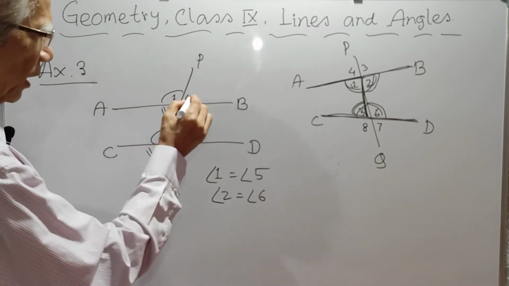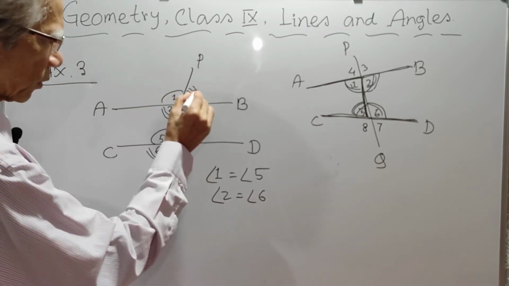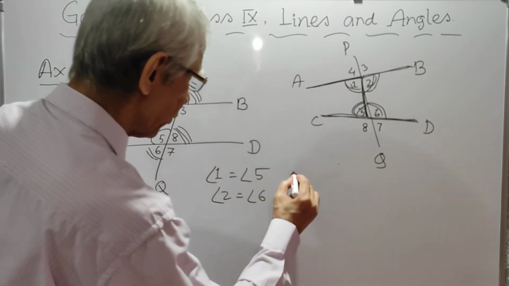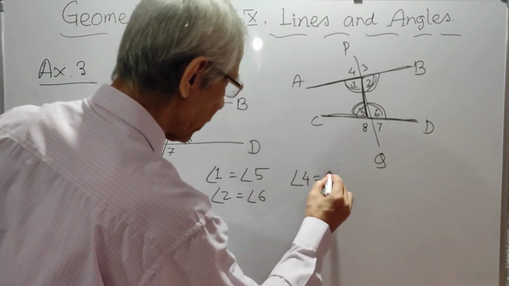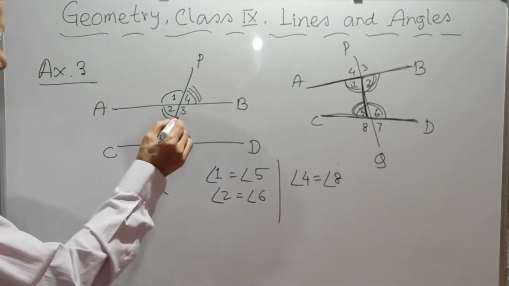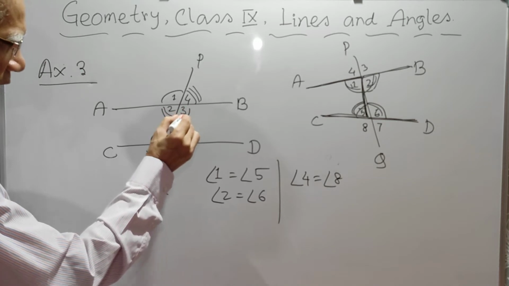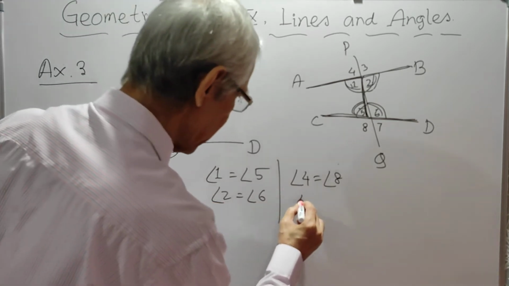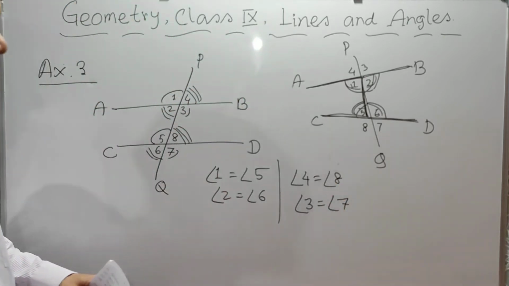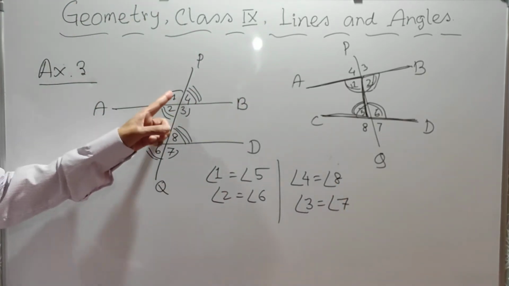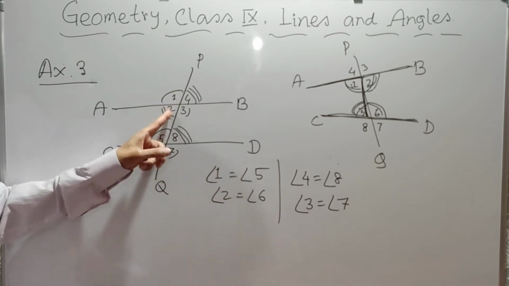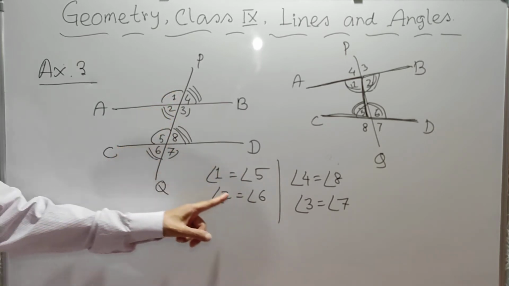Then on this side, angle 4 and angle 8 are equal. Angle 4 equal to angle 8. And then the last pair, angle 3 and angle 7. So angle 3 equal to angle 7. So these two angles are a corresponding pair, so they are equal.